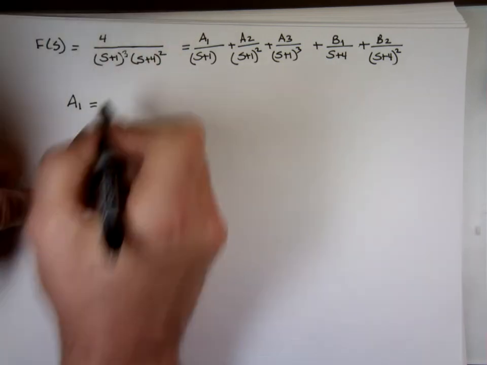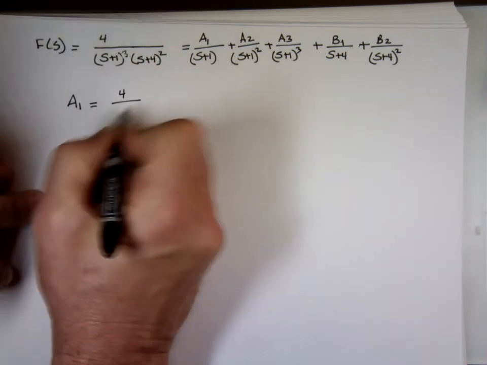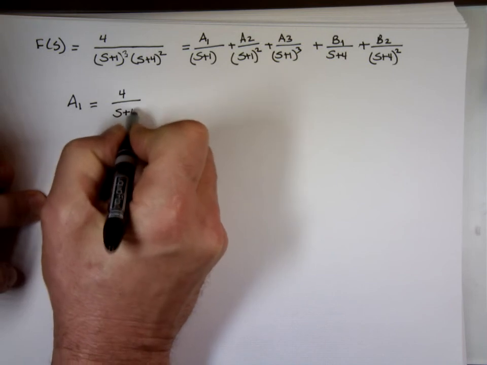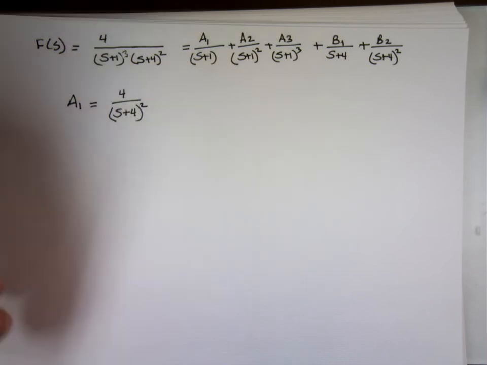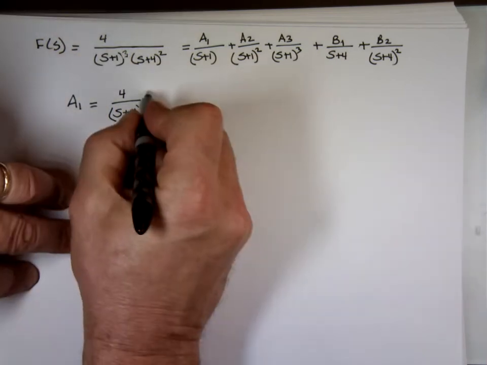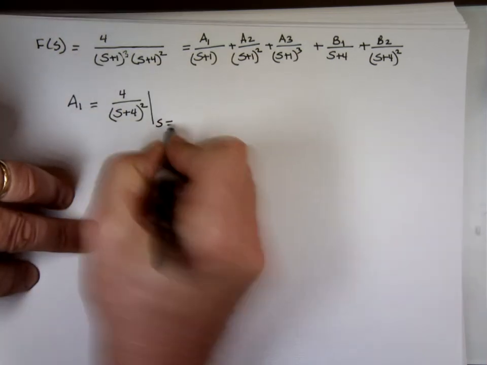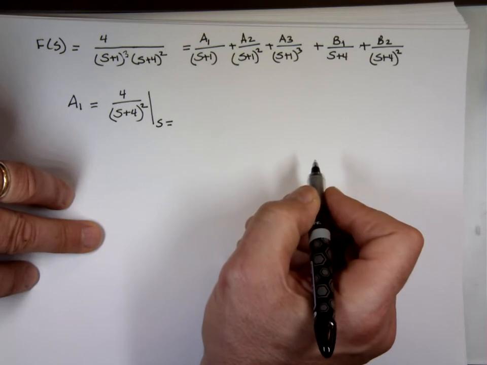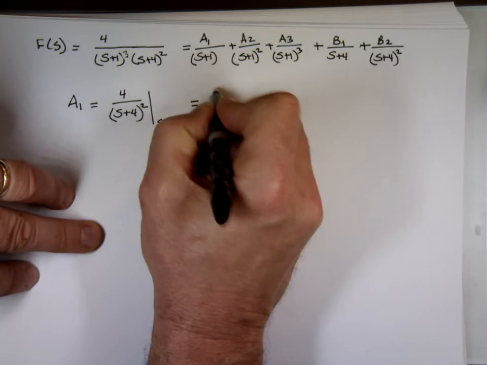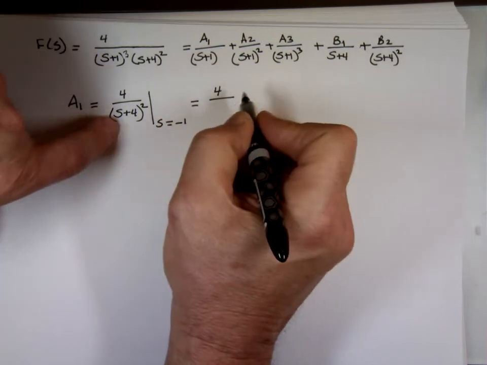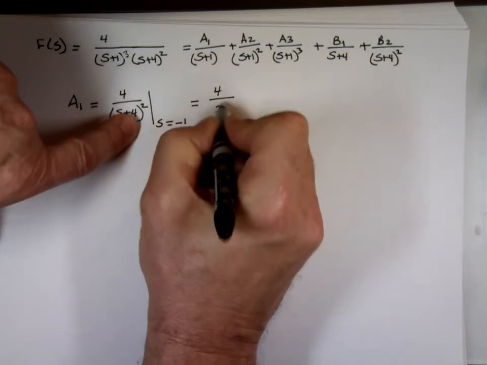So you have 4 over s plus 4 to what power? Squared. So s plus 1 is gone. When s equals what? Negative 1. So 4 over, what's minus 1 plus 4? 3 squared, which is a 9. That's 4 over 9.